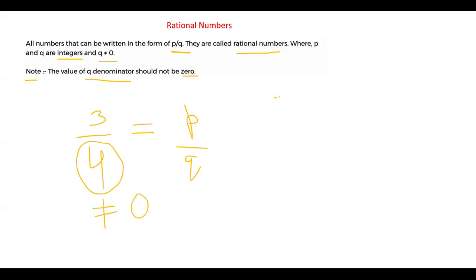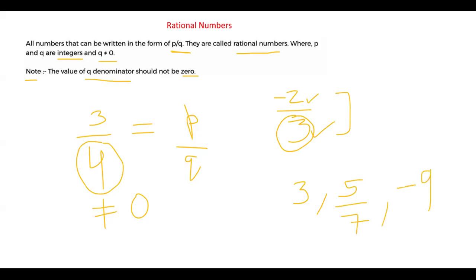Other examples we can take: minus 2 by 3. This number is also in the form of p by q, p and q are integers and q is not equal to 0. Other examples are 5 by 7, minus 9 by 11. All these are rational numbers.